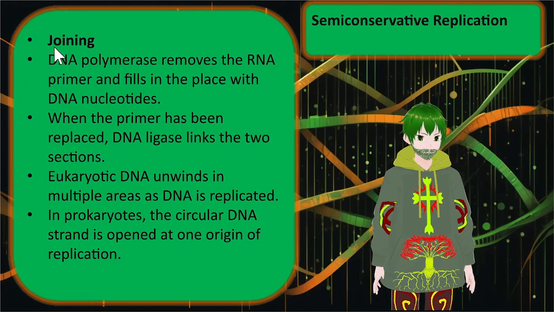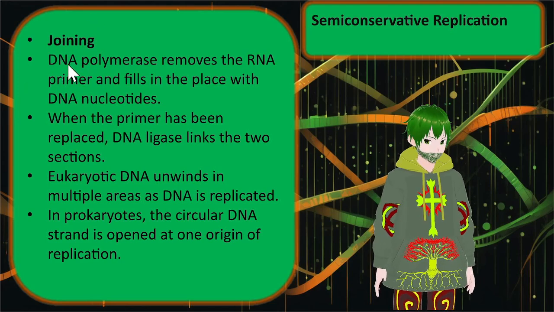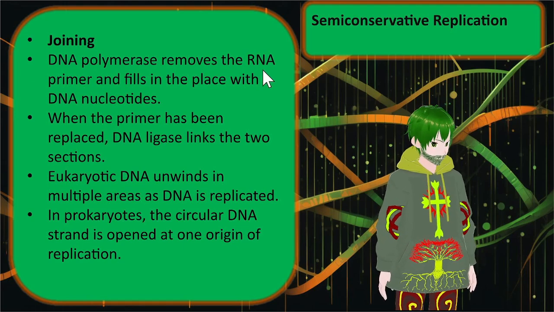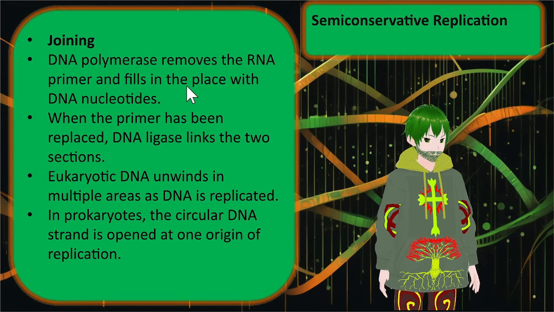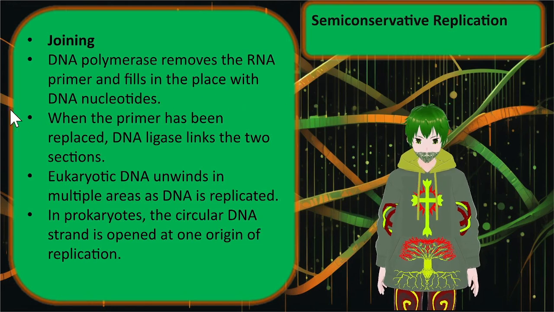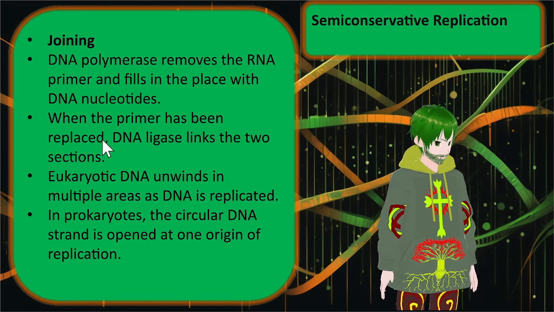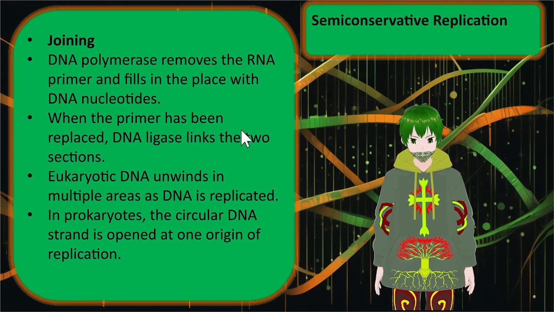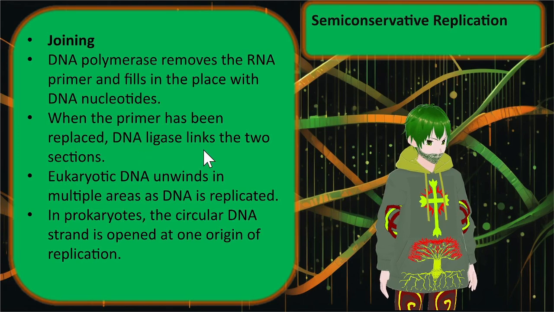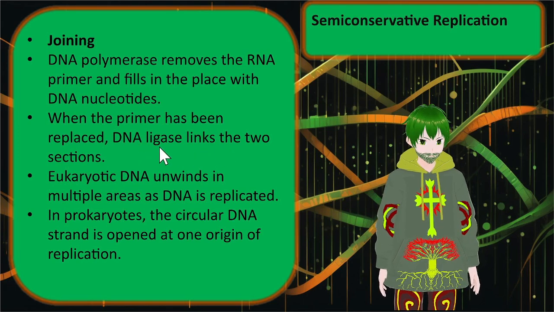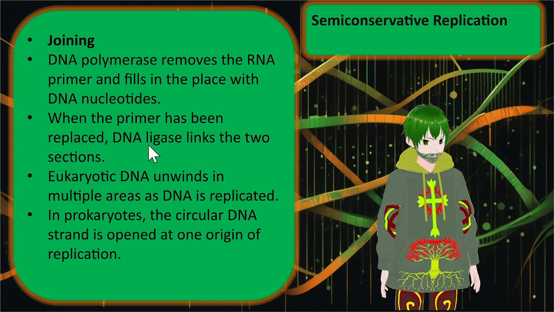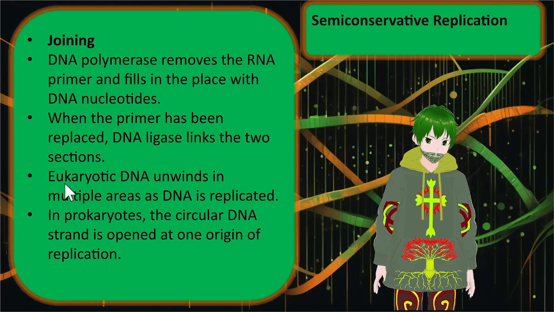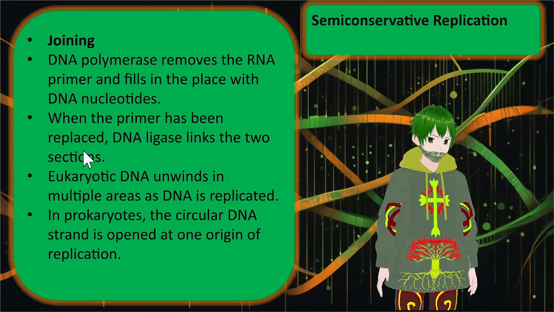Then finally, the joining is the last step, where the DNA polymerase removes the RNA primers and fills in the place with the appropriate DNA nucleotide. And when the primer has been removed or replaced, the DNA ligase, which is another enzyme, links the two sections together.